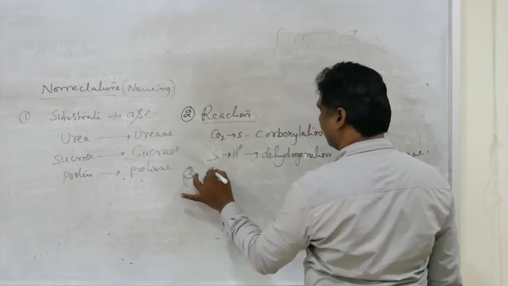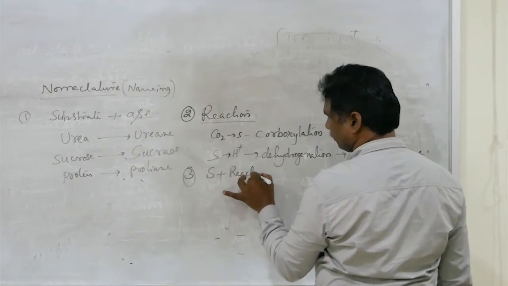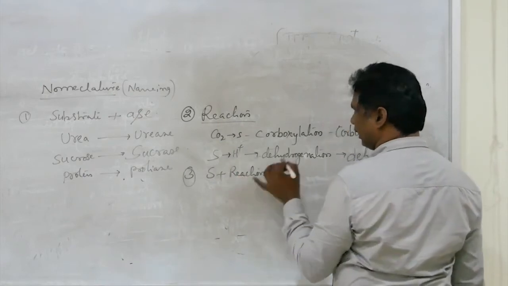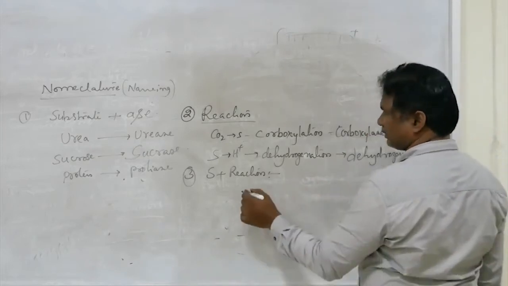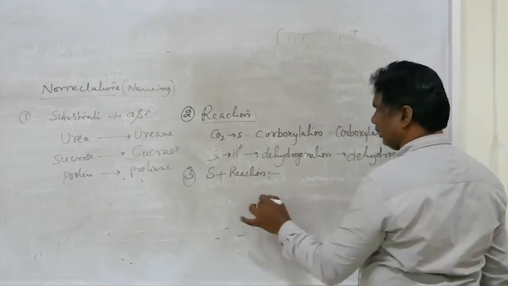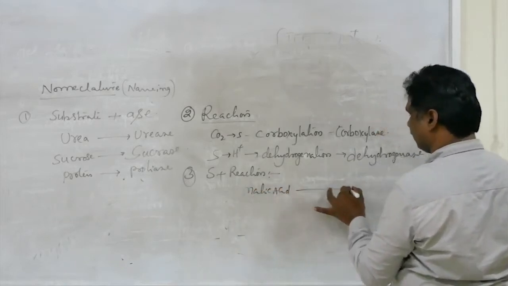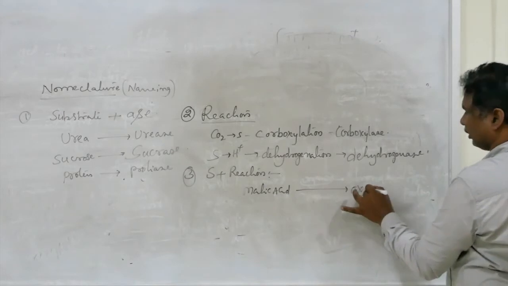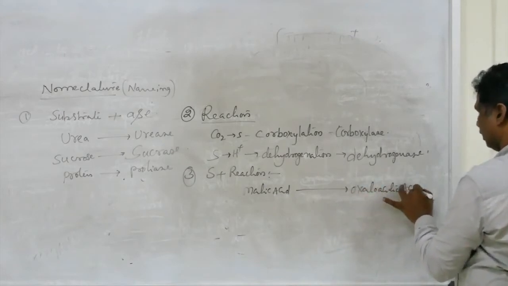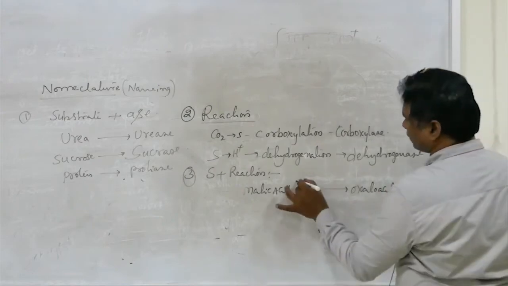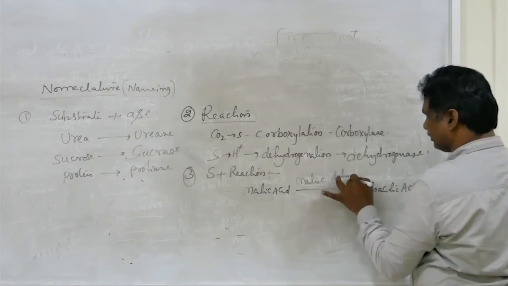The third criterion is based on substrate and reaction. For example, in the last step of the Krebs cycle in our respiration, malic acid is converted into oxaloacetic acid in the presence of the enzyme malic dehydrogenase.